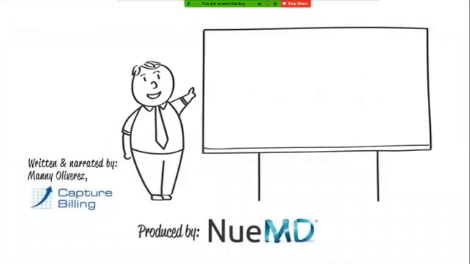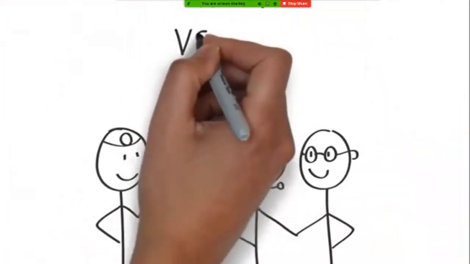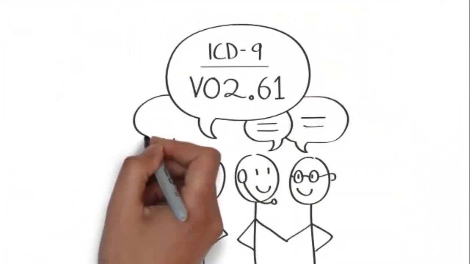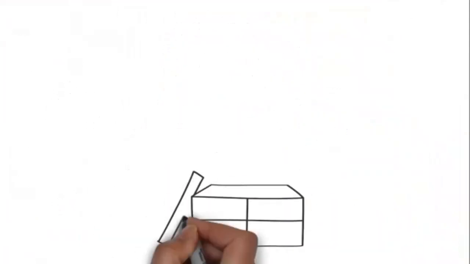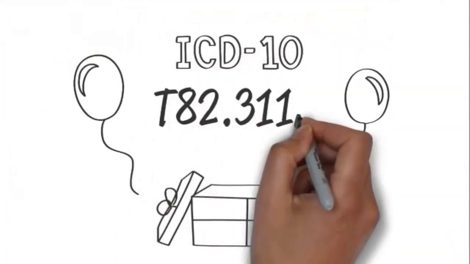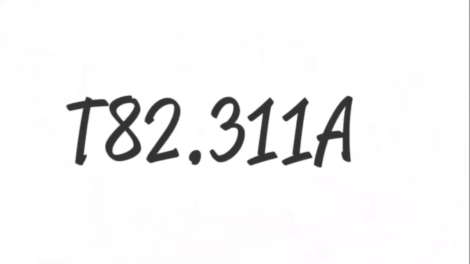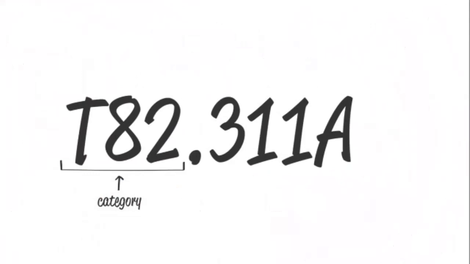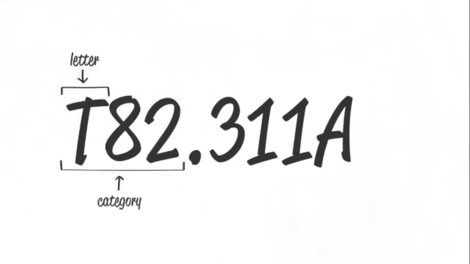So, you're a healthcare provider, nurse, biller, or manager, and are used to the 5-digit ICD-9 codes. Heck, you got a bunch of those diagnosis codes memorized and can rattle them off the top of your head. Introducing ICD-10, with up to 7 alphanumeric characters. Let's take a closer look at how ICD-10 is formatted. ICD-10 starts out its codes with the first 3 characters identifying the category. The first character of the category is always a letter.